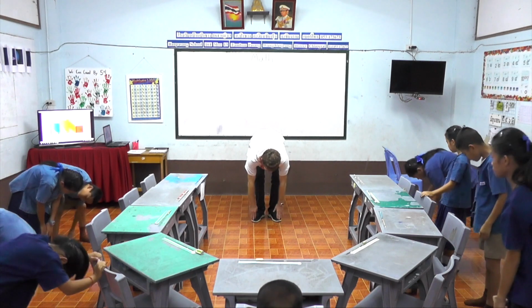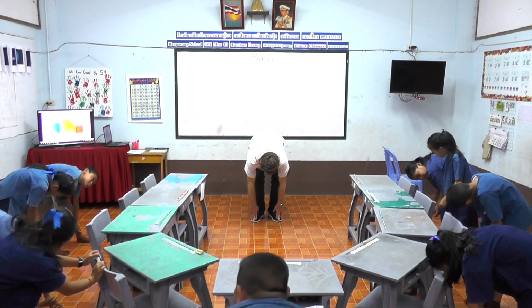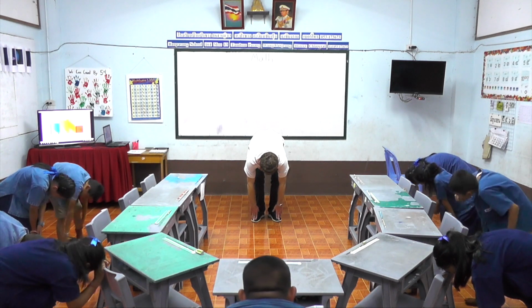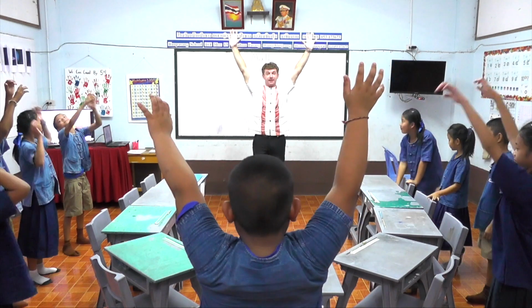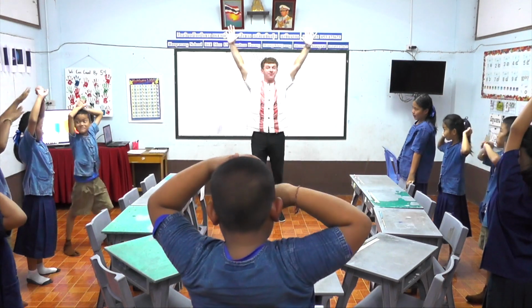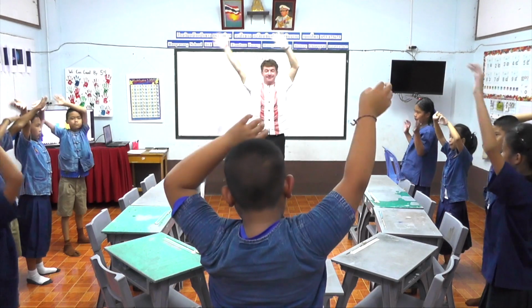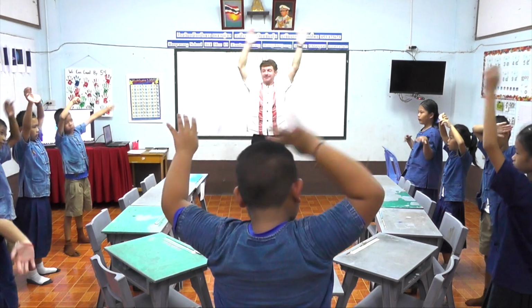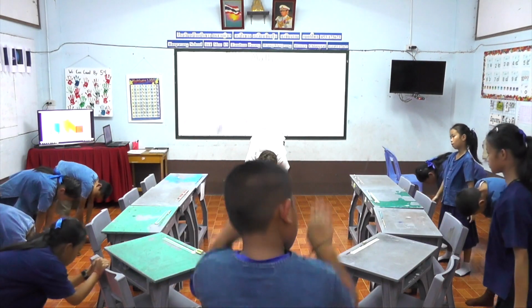Touch our toes. Now, back up high one more time. And this time, can we go tippy-toe high? And when we're there, let's have a wave. Excellent, guys. And then back down to our toes one more time.